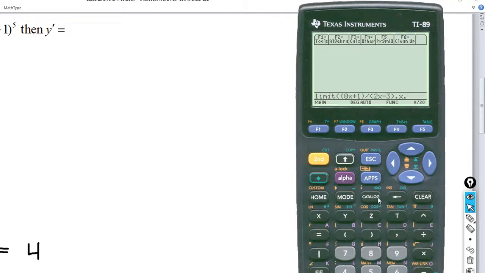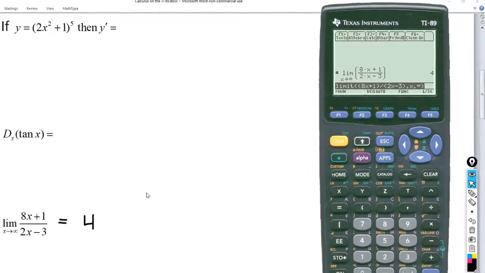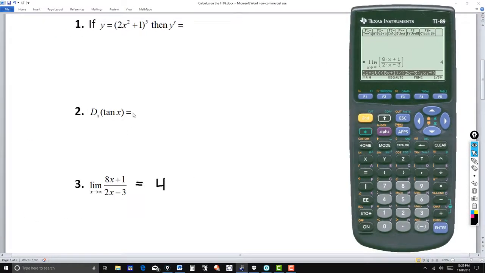I hit the diamond key, then catalog, and find the infinity symbol. Close the parentheses and hit enter, and there's the result. The limit of this expression as x goes to infinity is the number 4. Okay, so I did it both ways for you. Clear this.